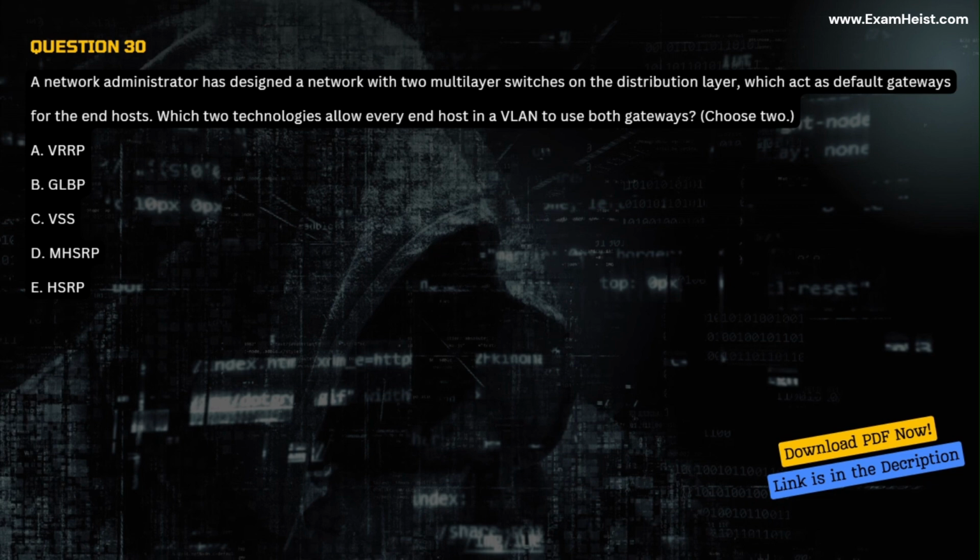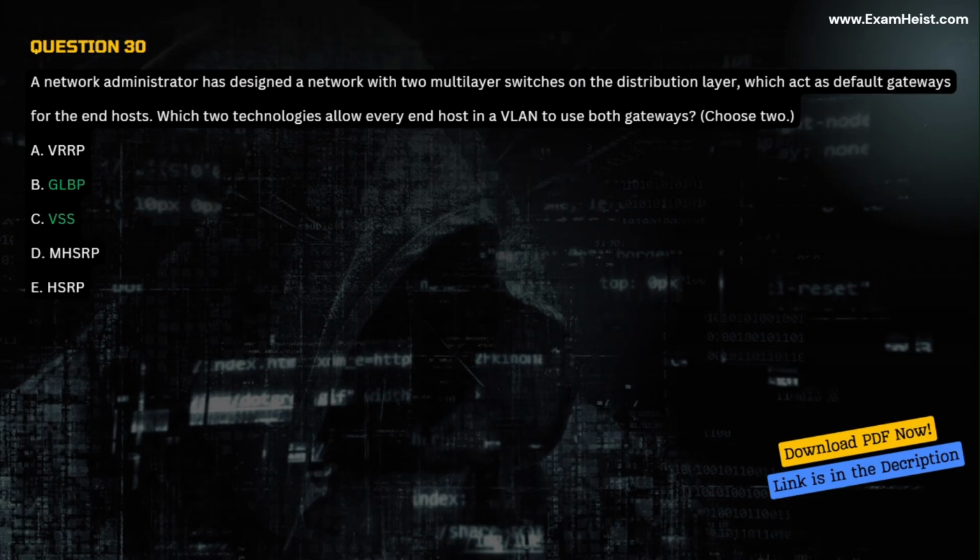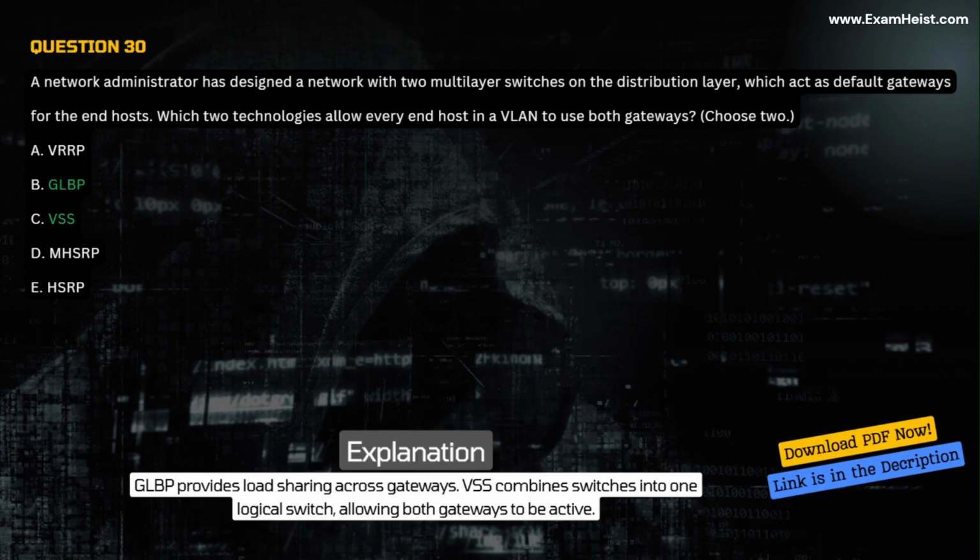C. VSS. D. MHSRP. E. HSRP. Correct answer B and C. GLBP. VSS. Explanation. GLBP provides load sharing across gateways. VSS combines switches into one logical switch, allowing both gateways to be active.